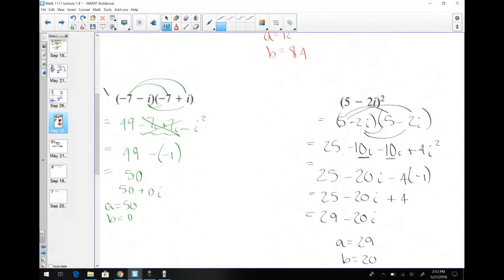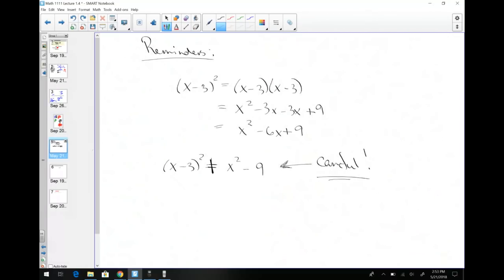The reason is, if we go back to our little reminder page, that if we had x plus 3, and this is just some random example, x plus 3 times x minus 3, note that if I multiply this together, I'd have x squared minus 3x plus 3x minus 9.